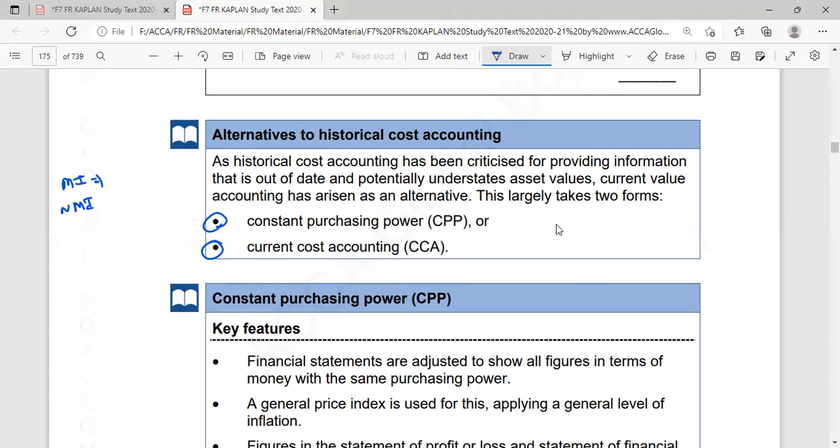Monetary items are those which are easily converted into cash, like cash or cash equivalent items, receivables and payables. The remaining, fixed assets and inventory, are all covered under non-monetary items.